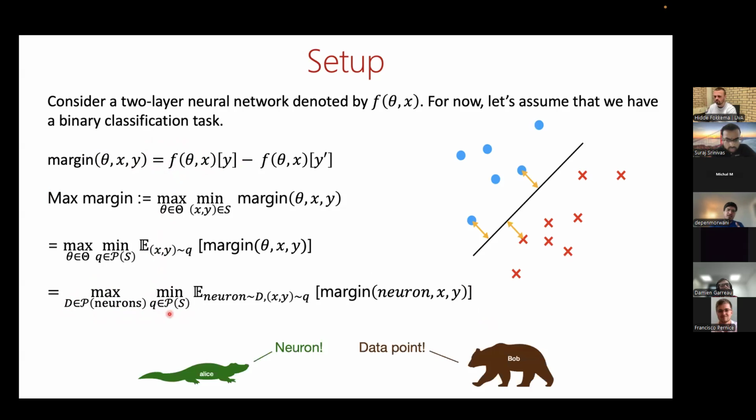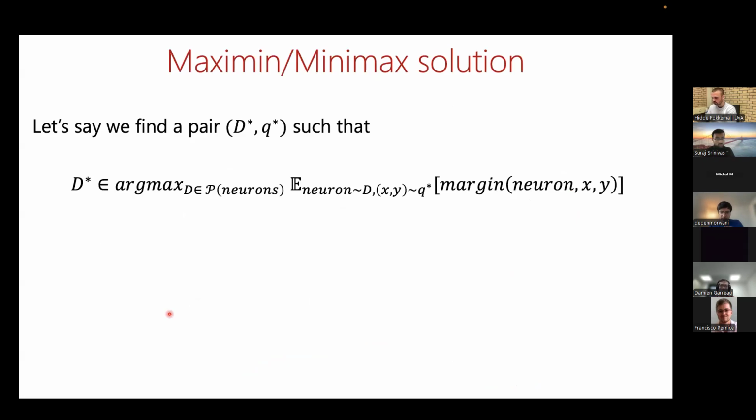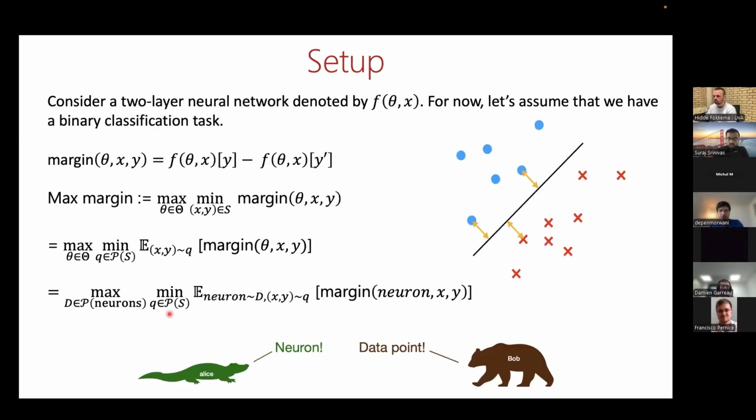So this is going to look like a game. We are going to play a game where we want to find a balance between what neuron to use given what data point to use. This is a game theoretic perspective on what the max margin problem looks like. Although we have simplified it till this point, this doesn't really tell us how to solve it.